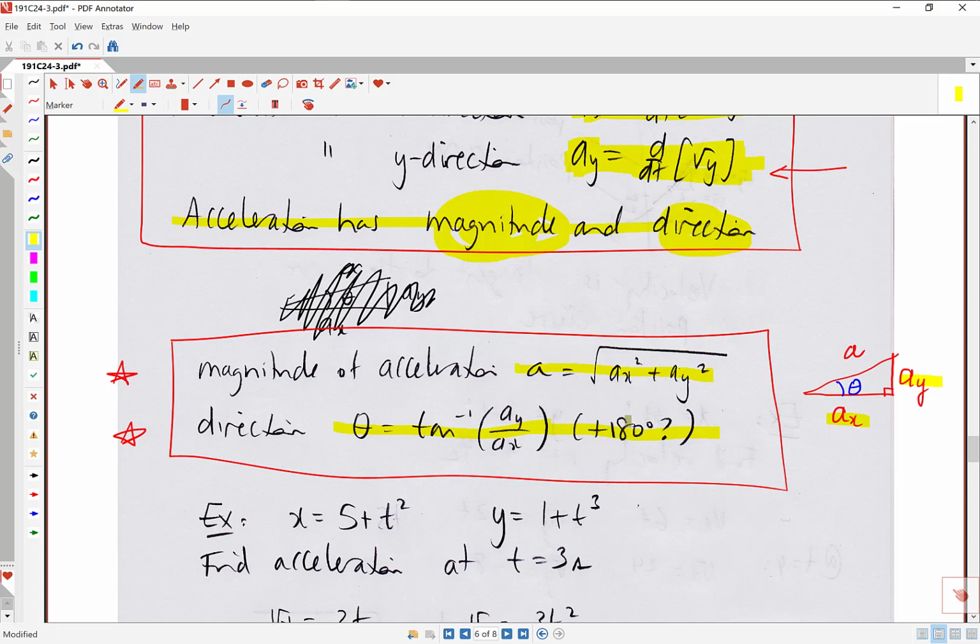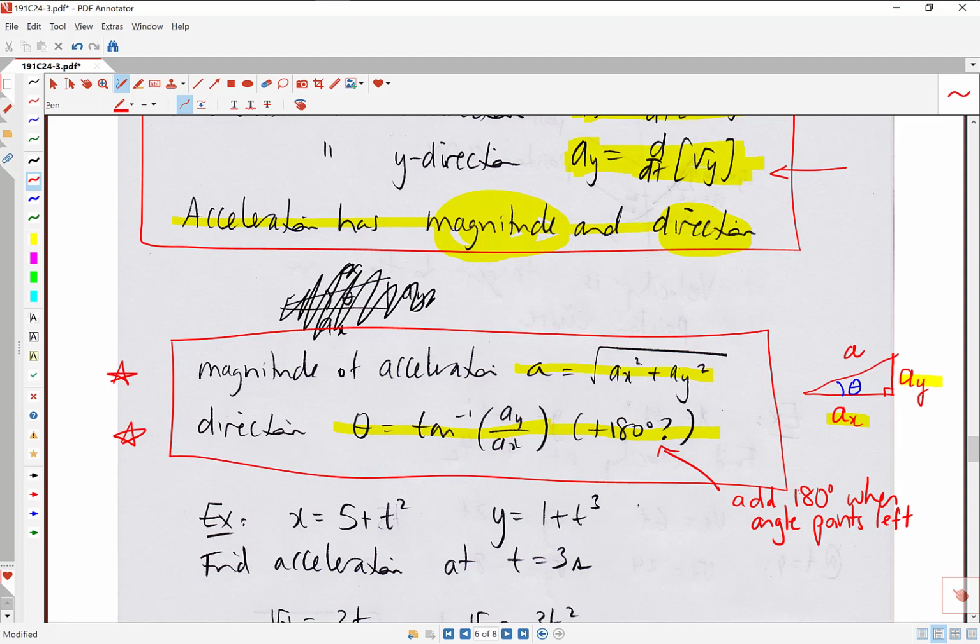So it's the same discussion as before. You need to add 180 degrees when the angle points left. So if the angle is in quadrant 2 or quadrant 3, arctan will give you the wrong angle and you need to add 180 degrees to correct for that.